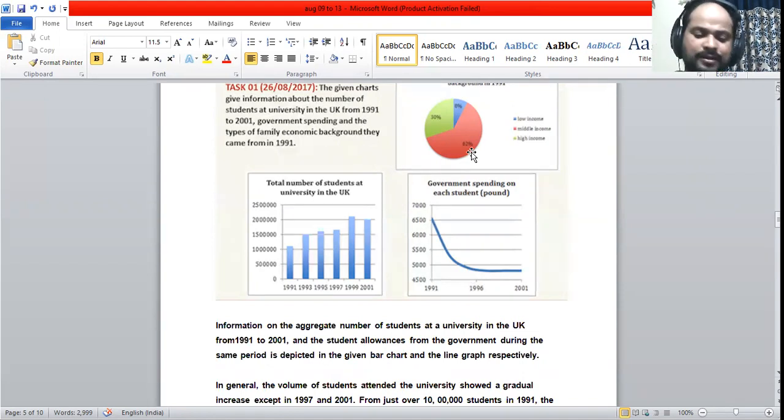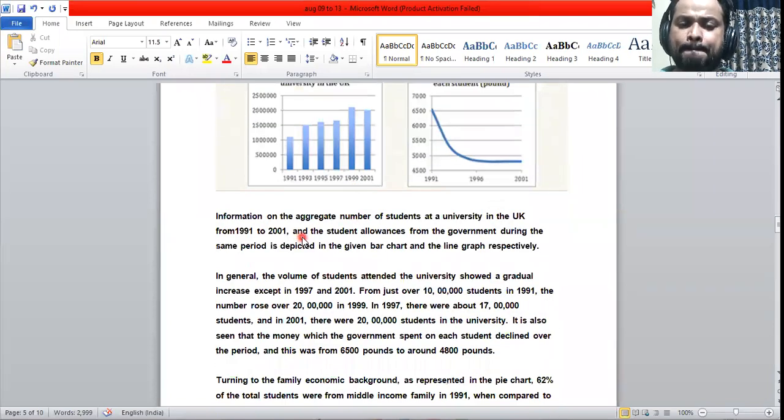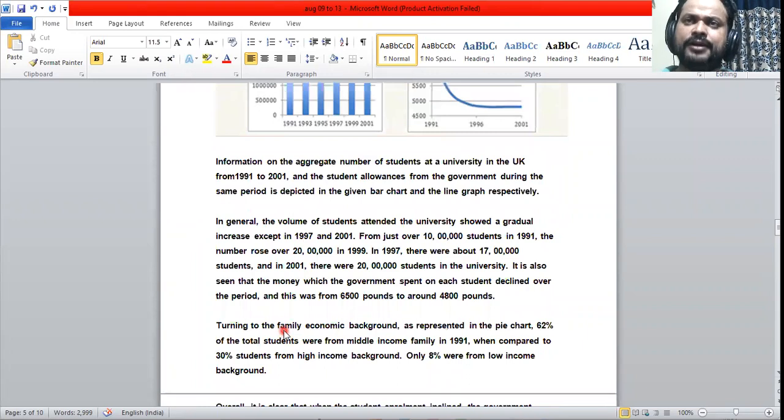So that's it. We should not panic when we see multiple charts. We have 3 charts here, but we do have very little matter here. So we just want to see how to frame the introduction here. This is the thing that we are going to see very differently. The introduction for the bar graph and line graph is depicted here, and the introduction for the pie chart is depicted here.